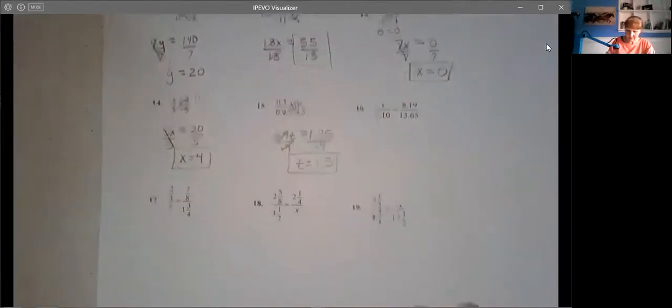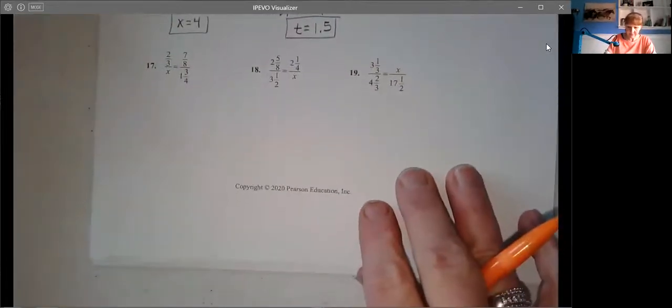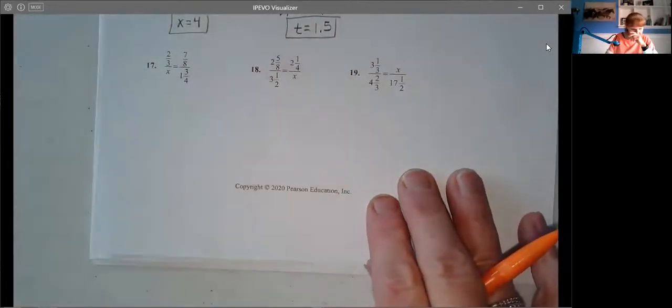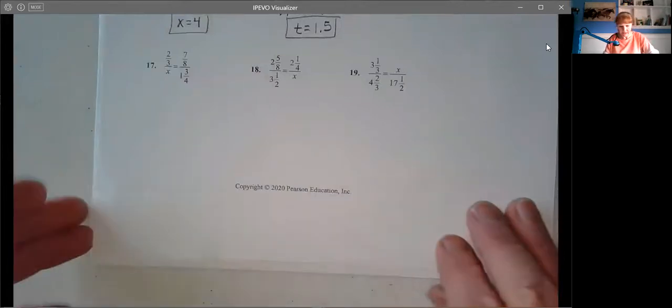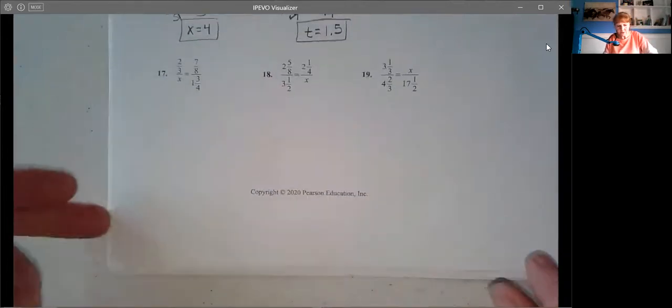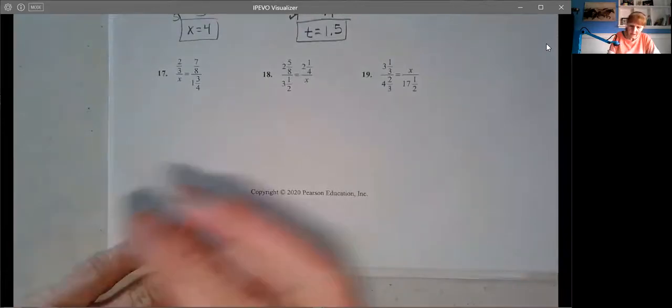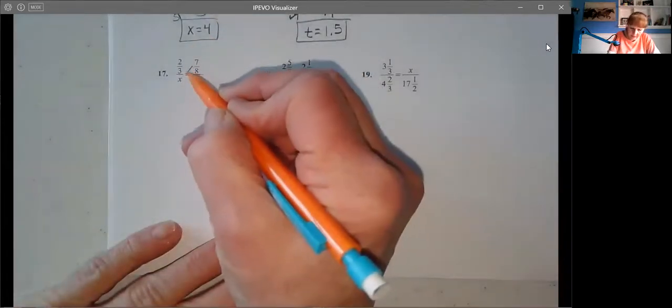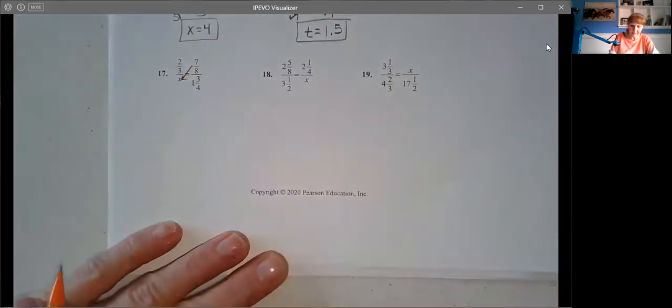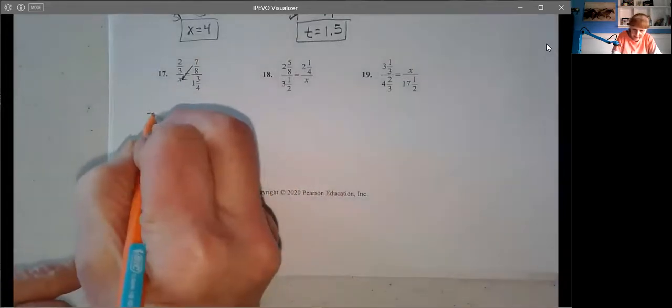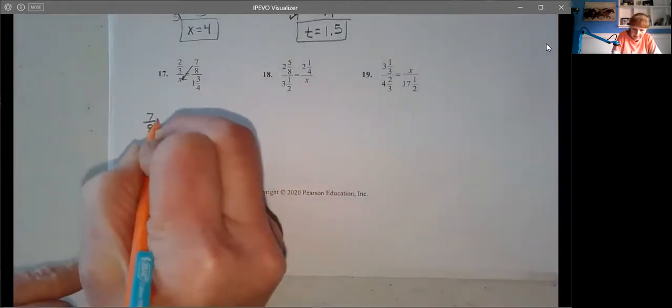Let's look at, oh, I don't know. Let's look at 17. I think you can get the idea how to do these. So we're going to do a cross product. I'm going to multiply these two numbers together, 7/8 times x, and get 7/8 x.